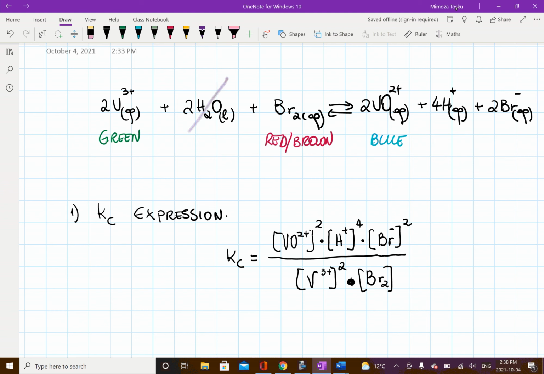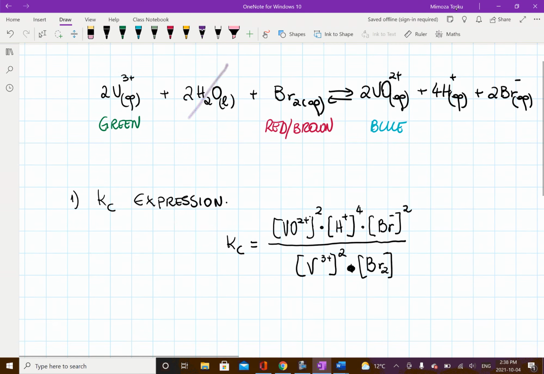And we exclude the water, since it is liquid.